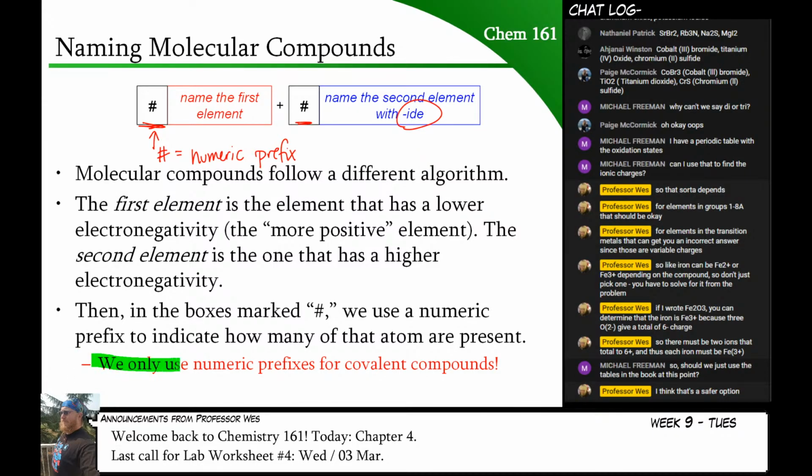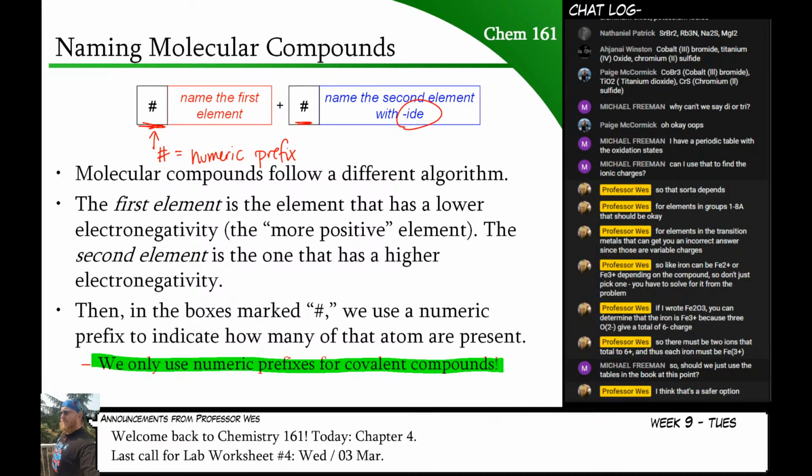But remember, we only use numeric prefixes for covalent compounds. So don't do this rule for ionic. These rules are different. Be very careful you don't mix them up. If you start putting like sodium, disodium oxide or something like that, Canvas is just going to have a field day marking all your answers wrong. So be very careful. You only apply numeric prefixes for covalent compounds, never ionic.